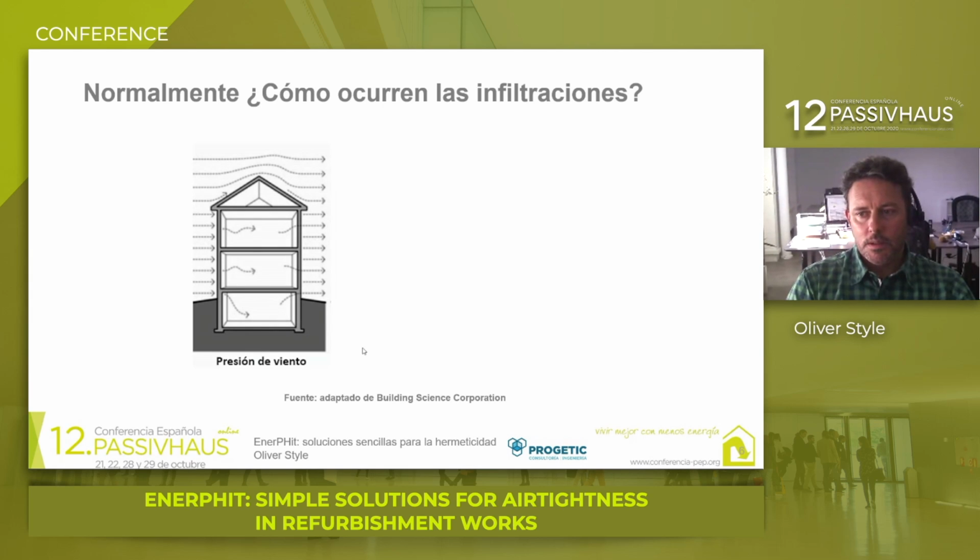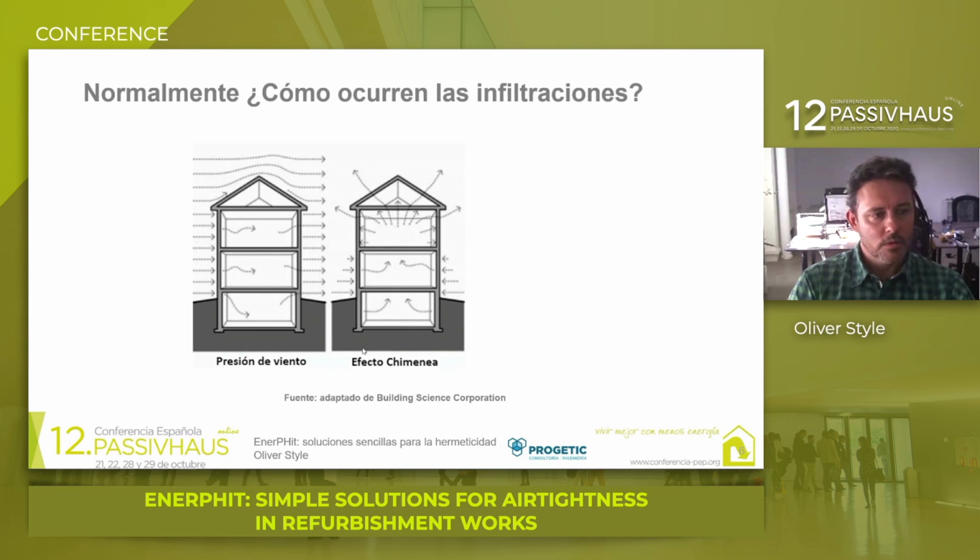So this becomes especially important in tall buildings. We must also mention the chimney effect. In a building or home heated in winter, warm air rises, causing exfiltration on upper floors and therefore infiltration on the lower floors.